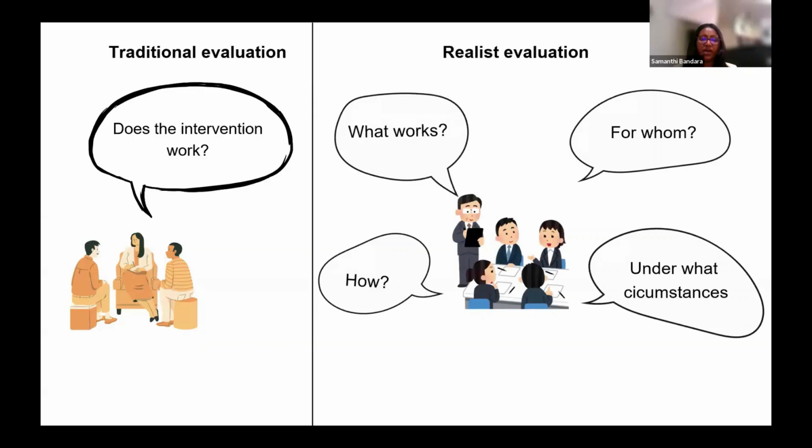In realist evaluation, we are asking a couple of questions: what works for whom, and under what circumstances? So we are trying to understand the deep or hidden factors that drive the intervention's outcome in specific contexts.